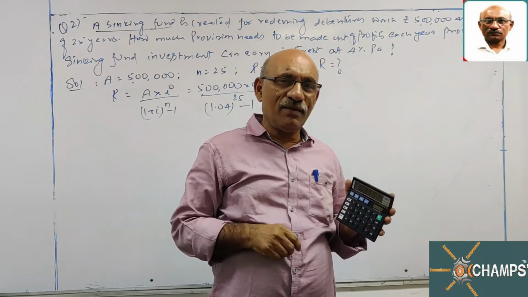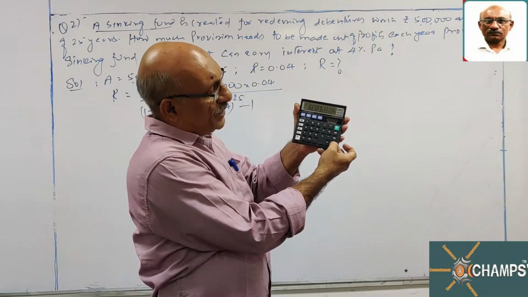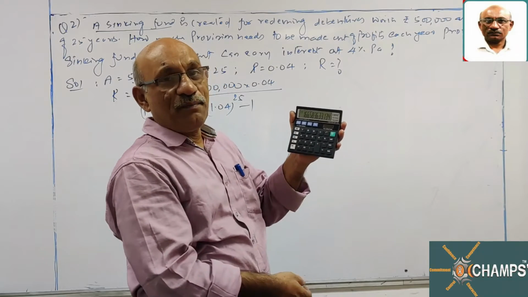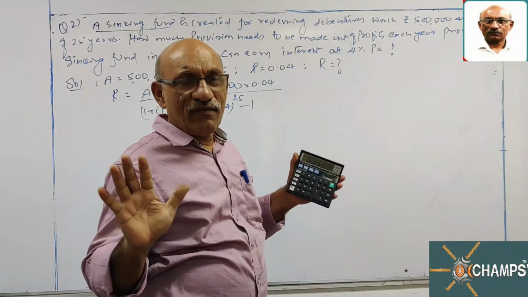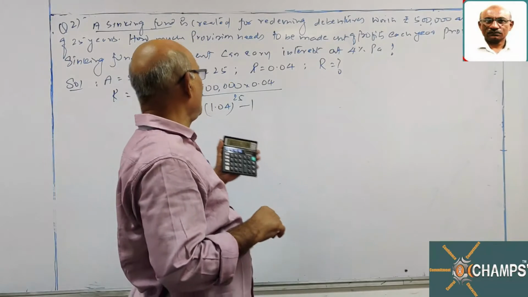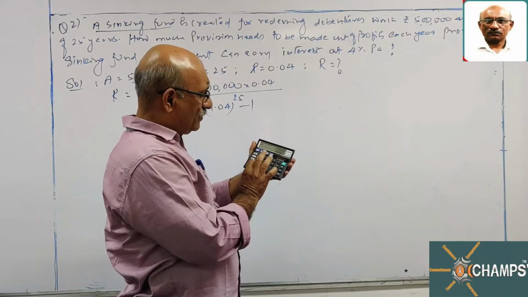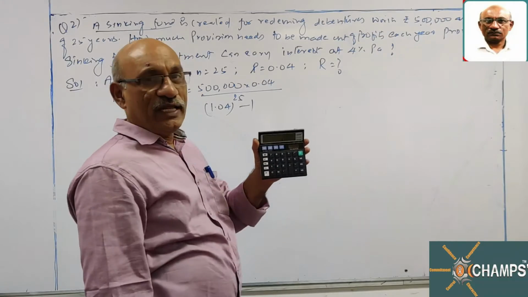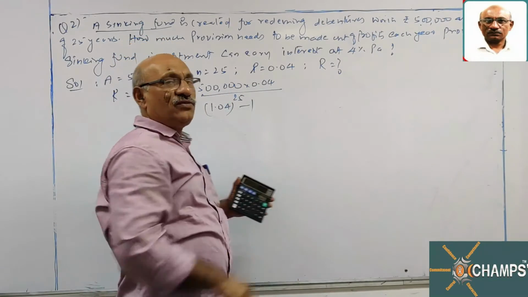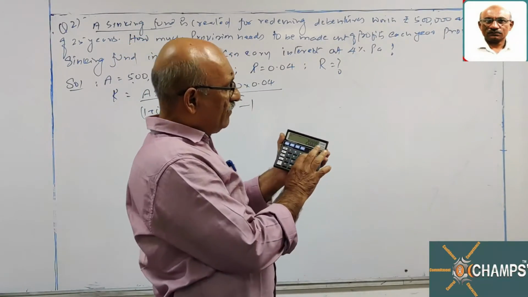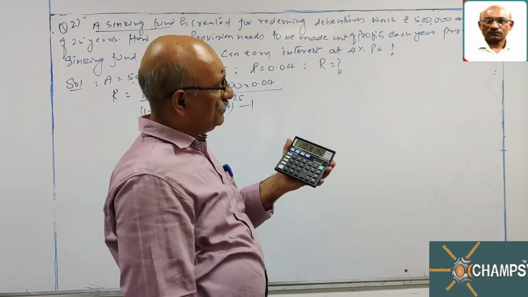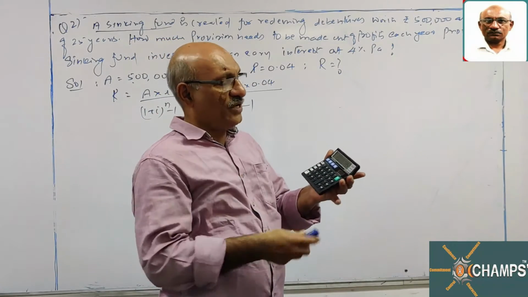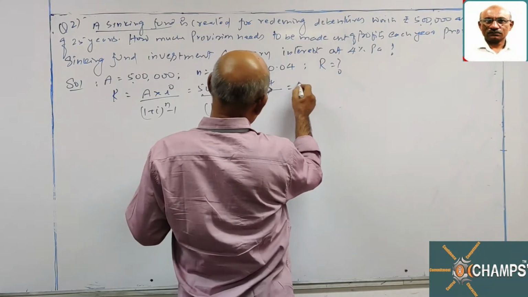So denominator is simplified. I want to store it in the memory. So press M plus button. So denominator value kept in the memory. Now 5 lakhs into 0.04, 20,000. Numerator is also simplified. Divided by MRC is equal to. So how much you will get?